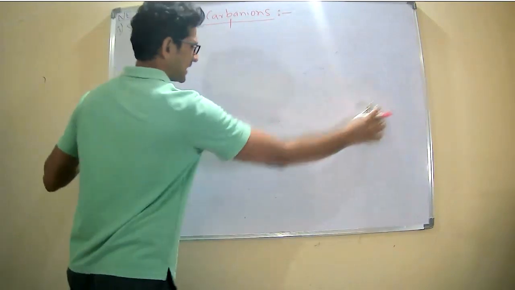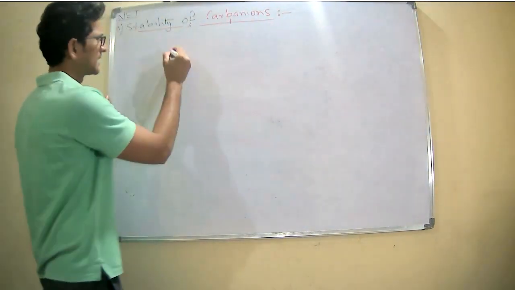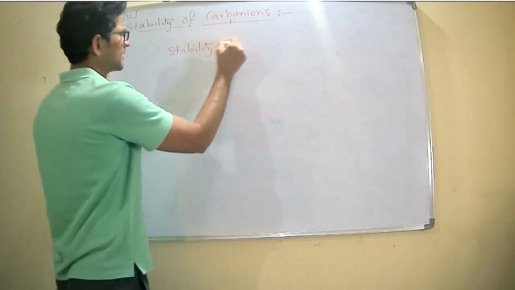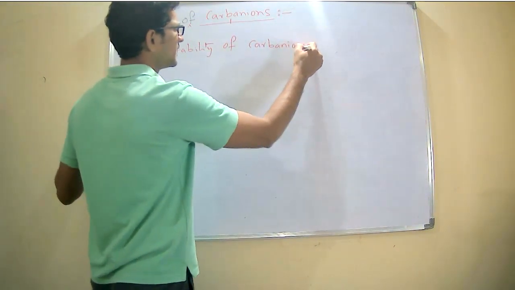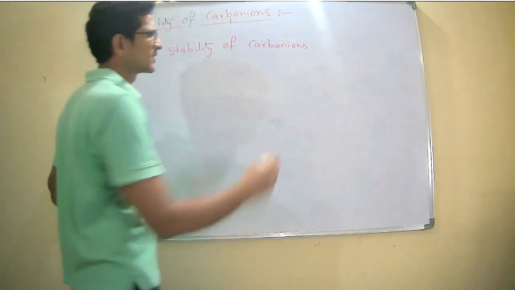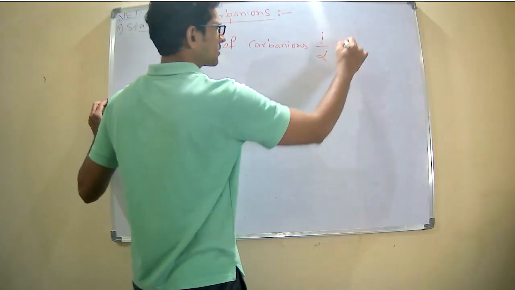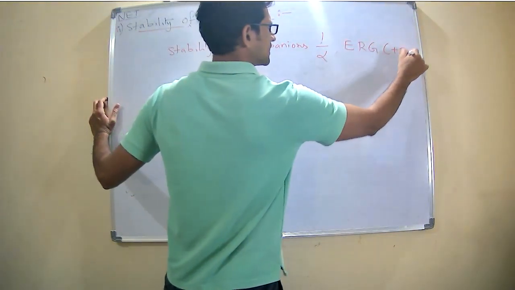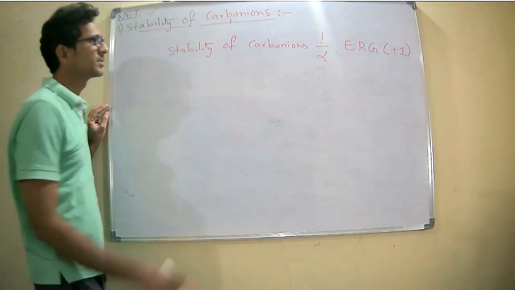So finally, I can say that the stability of carbanions is inversely proportional to the electron releasing group.